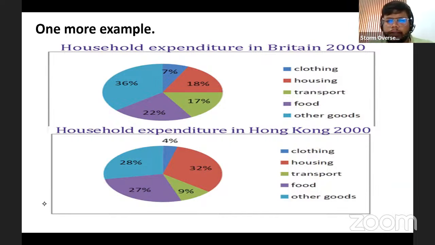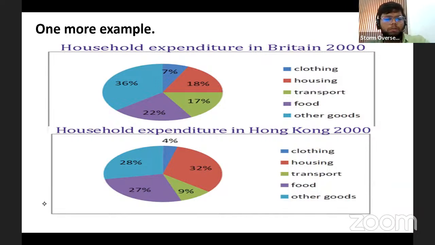And clothing is 7% in Britain and 4% in Hong Kong. And we can say about the majority also, that in both the countries the majority of expenditure is spent on other goods and food. That is also your main feature, and you can include this in your overview.